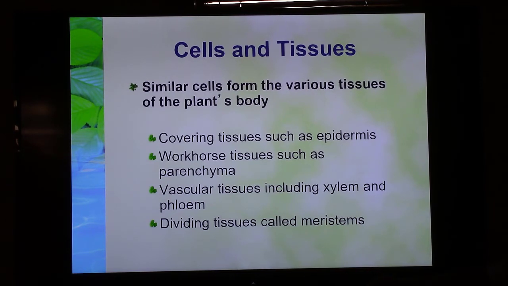And very important, dividing tissues. Places in the body where one cell is dividing into two very rapidly, very frequently. Those dividing tissues are called meristems. A meristem under the microscope, you can see the cells are real small because they're new. They're rapidly dividing.